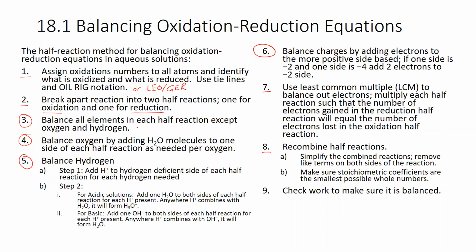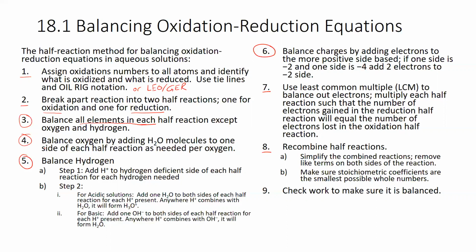When we balance in the next step all of the elements in the half reaction except for hydrogen and oxygen, we're just going to make sure that we have equal numbers of elements in each half reaction besides oxygen and hydrogen, because we're going to be balancing those in subsequent steps. And so if you have 2 bromines in a compound on one side and 1 bromine in a compound on the other side, you need say 2 of the second compound, right? So that's a pretty simple, straightforward way of doing it.